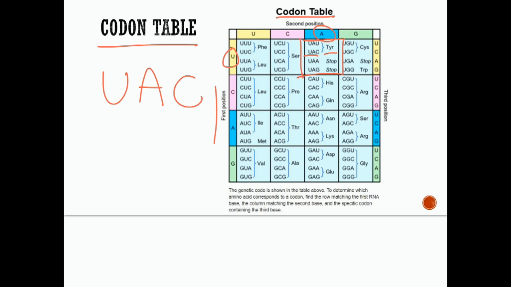Another example, say your mRNA is GUG. Your first position would be G, second U, so now you know you're down here. GUG, the amino acid would be abbreviated as VAL.